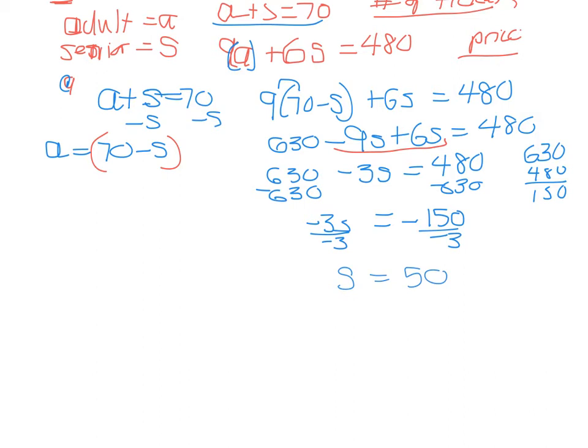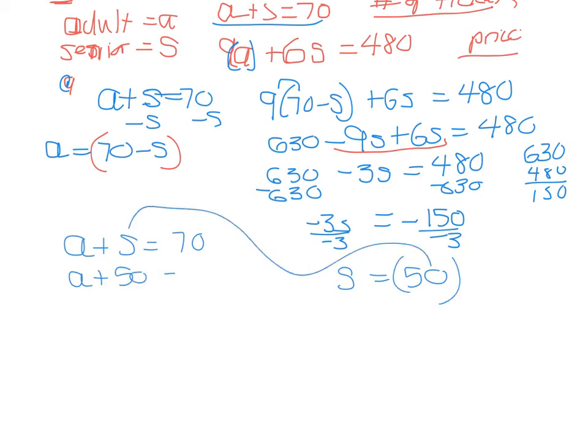So I know that's the number of senior tickets sold. I'll go back to this equation that A plus S equals 70. So A plus 50, I'm substituting in the S right here, equals 70. And then I know the adult tickets, there were 20 sold.